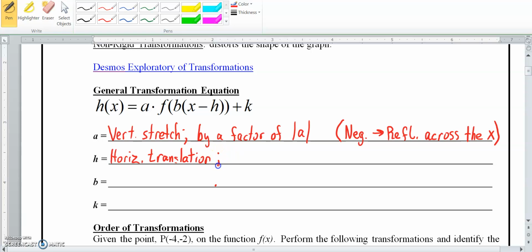Now, in class, what we said was a translation is just the technical term for a slide or a move sideways. So you could just say horizontal shift, that was fine too. But what we noted was that if H is greater than 0, then that actually shifts the graph to the right.